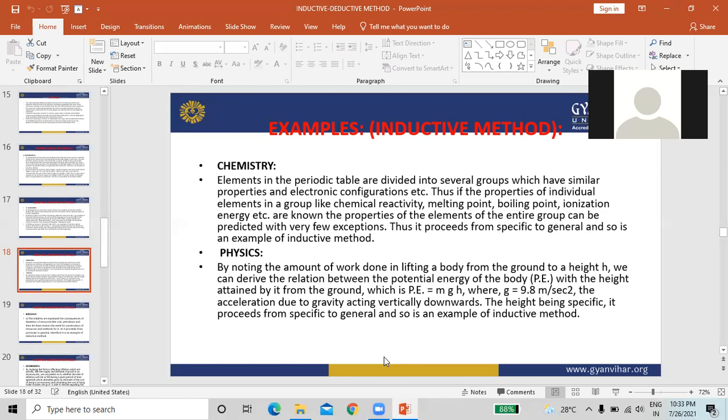Now we will discuss an inductive example in physics.